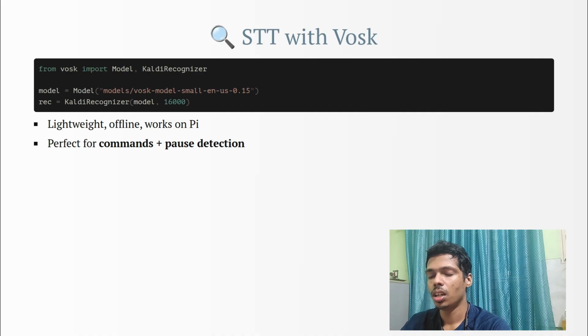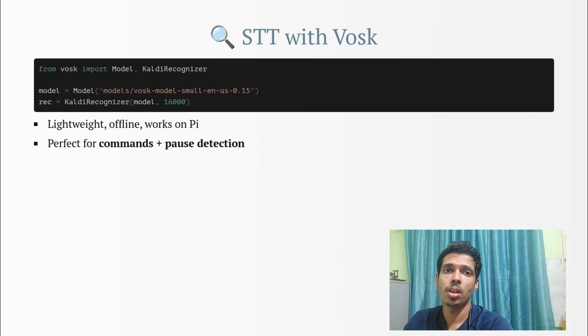So here, our Vosk usage is to identify the commands as well as to identify any pause detections. This pause detection is used to understand if it is an intermediary input, or if there is a pause and the command is complete.